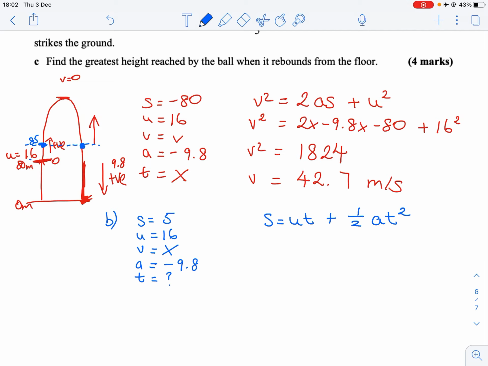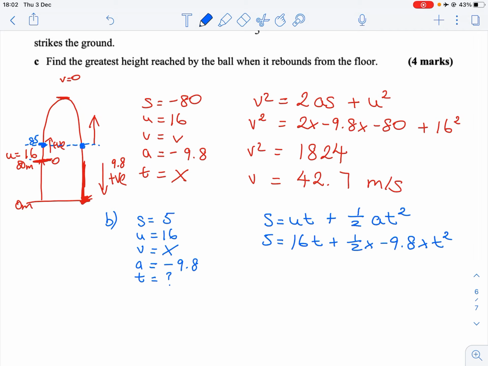It's really important we wrote our 5 formulas at the start of the test, so we can keep referring back to our equations. So our s is 85, u is 16, so 85 equals 16t plus half times minus 9.8 times t squared. Then we're just going to solve our equation.